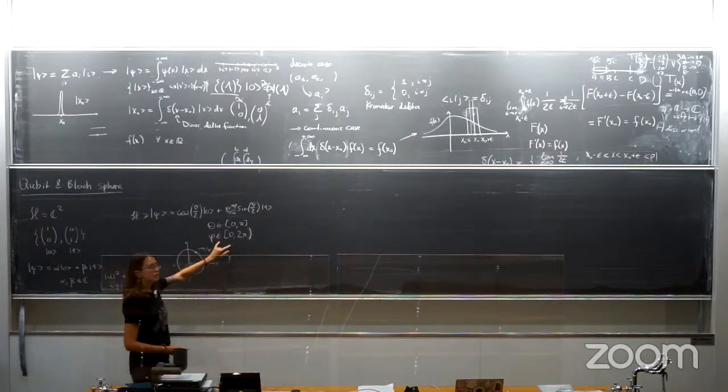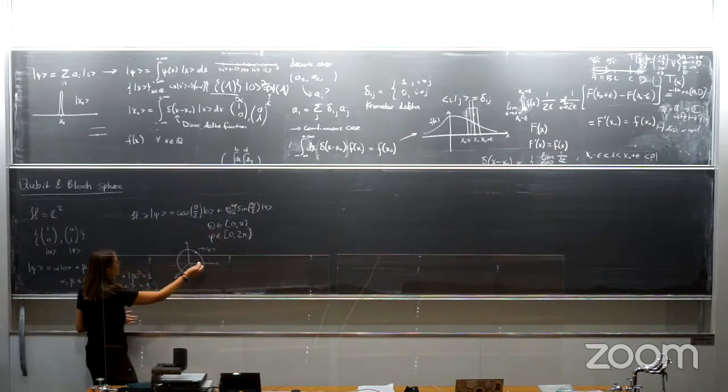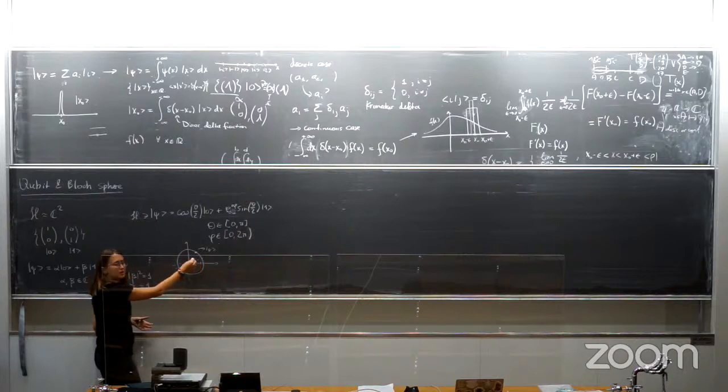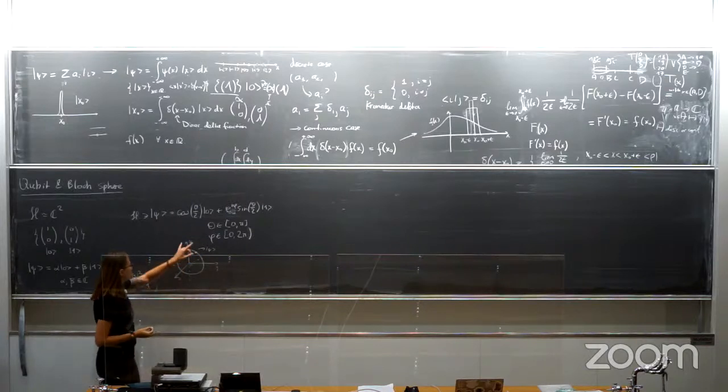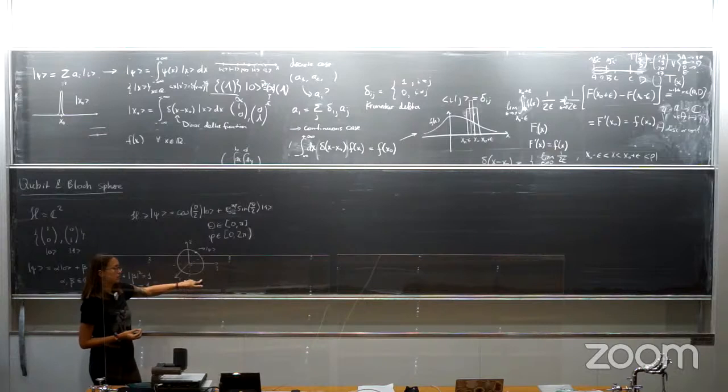So phi is the angle in this direction, and theta is in this plane. If you remember, say x, y, z in 3D, there are different systems that you can choose to describe the points, right? You can choose x, y, z, and then you can also choose polar coordinates, which are r, theta, and phi.